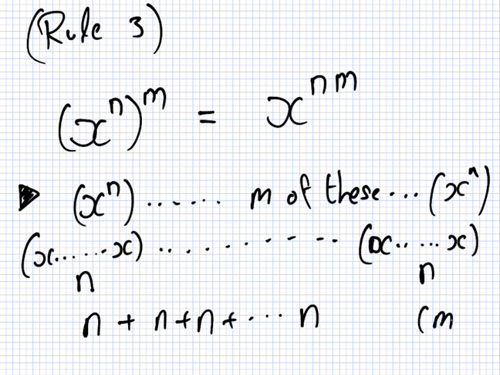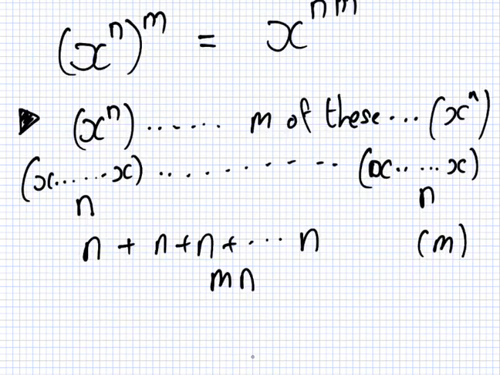There's m of these. So if you add a number to itself m times, it's the same as just multiplying by m. Something we saw when, I can't remember, we did something recently where you have to use that result. I think it was proving the arithmetic sum formula. Okay, well, what's most important here is the rule 3. So do you have that one?